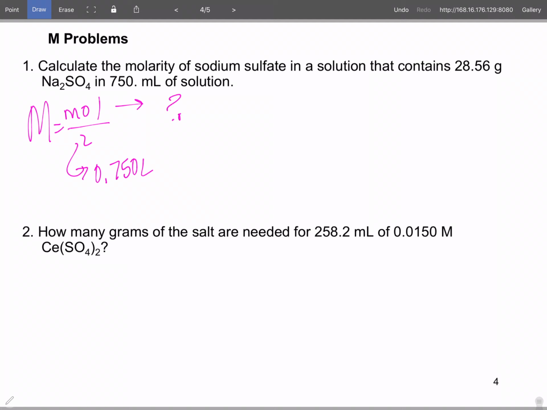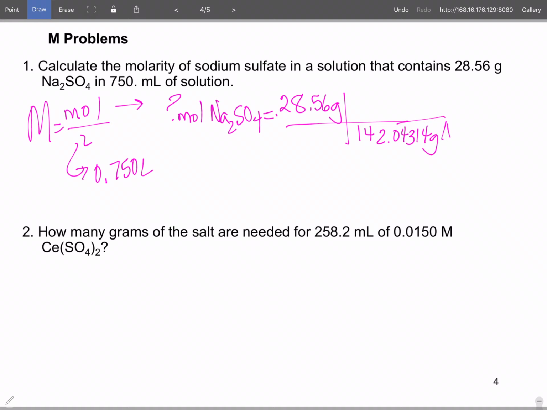So to get the moles of sodium sulfate, we're going to start with our grams, which is 28.56 grams. And we'll need the molecular weight, and that's 142.04314 grams of sodium sulfate for 1 mole of sodium sulfate.